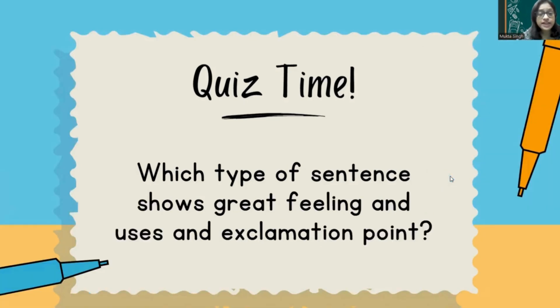Which type of sentence shows great feeling and uses an exclamation point? Exclamatory sentences. All right. And the last one, which type of sentence states something, shares information, or tells us something? They are declarative sentences. All right, well done, guys.